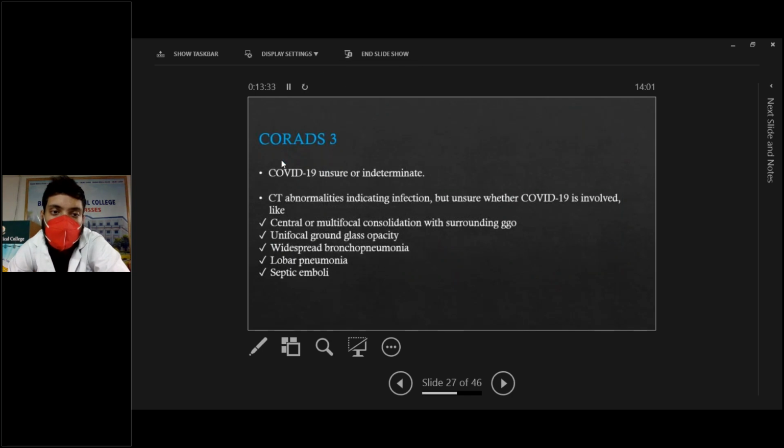CORADS 3, as I already said, is where the radiologist is unsure whether to give it as CORADS or not. The other abnormalities indicating infection are central or multifocal consolidation with surrounding ground glass opacities, unifocal ground glass opacity, widespread bronchopneumonia, lobar pneumonia, and septic emboli.